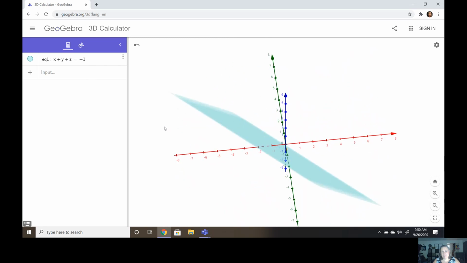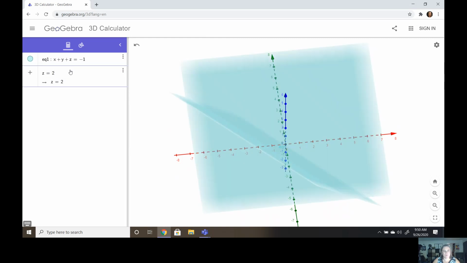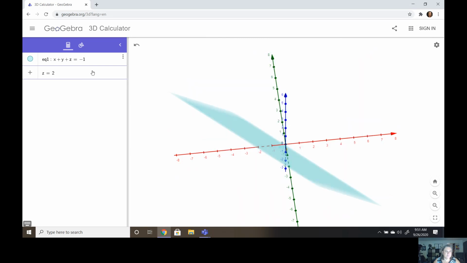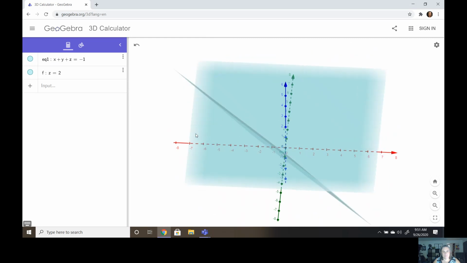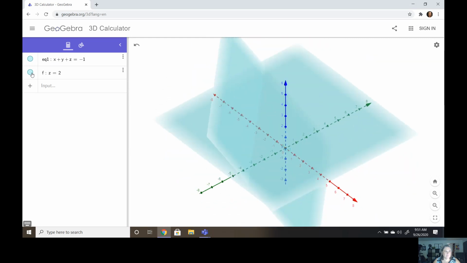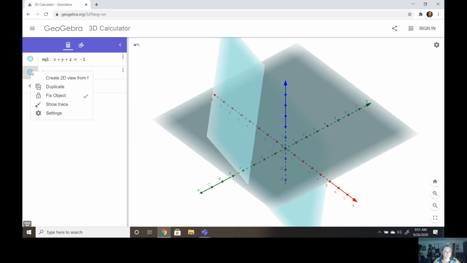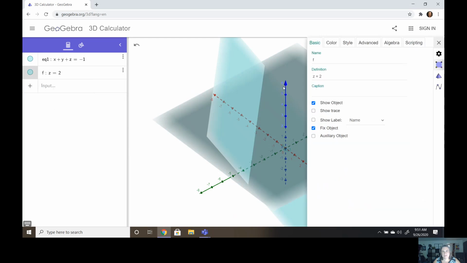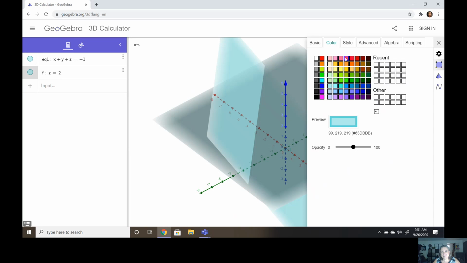Now, sometimes we have planes that are missing a value. So let's just look at a plane, just say it's at X equals 2. Oh, I put Z. That's fine. Just change the color so that you can see it.